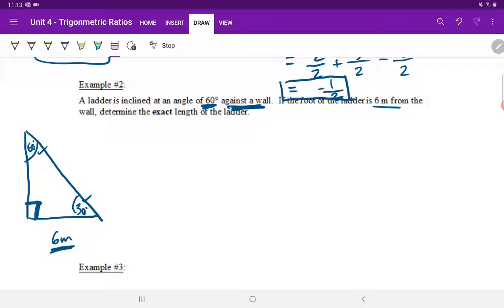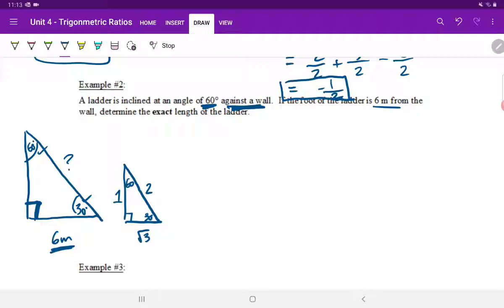But if I can draw my special triangle, I can use my knowledge of similar triangles, where I know that this is supposed to be 1, this is supposed to be square root 3, this is supposed to be 2. To answer the question, it says determine the exact length of the ladder. So I'm finding out what this equals.